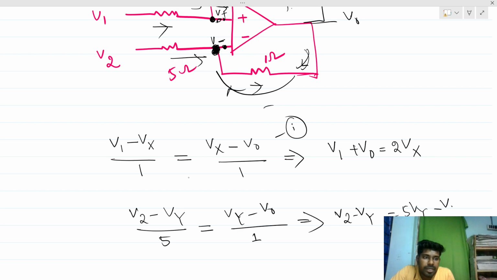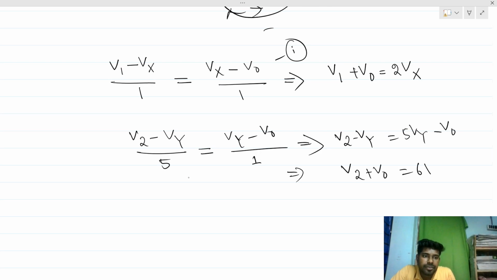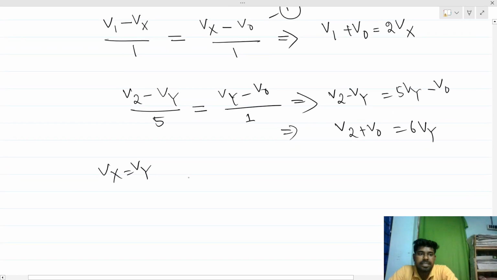Now we have to just solve these two equations. So V2 plus 5 V out will be 6 Vy. Now we have seen that Vx will be equal to Vy, so we can put this value. Let's say this is equation 2.